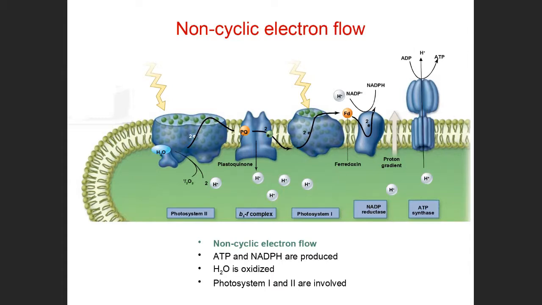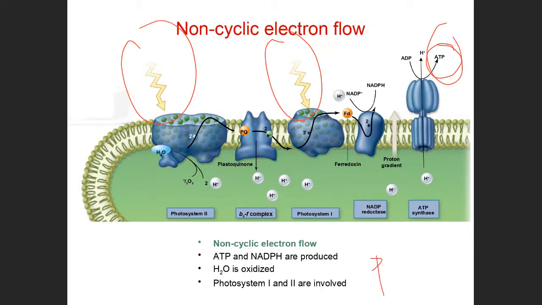I produce ATP by a system that we call photophosphorylation. Photo means light. The only thing that stimulates this production is the light. So I call it photophosphorylation, photo for photon, which are the particles of the light.